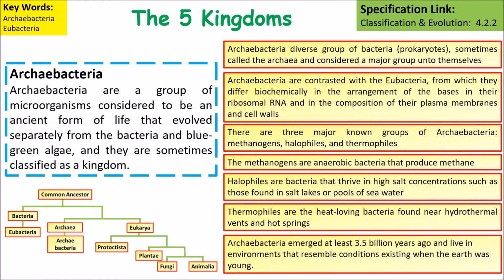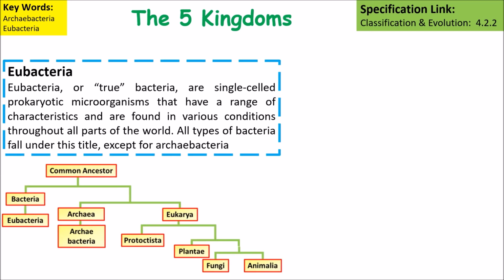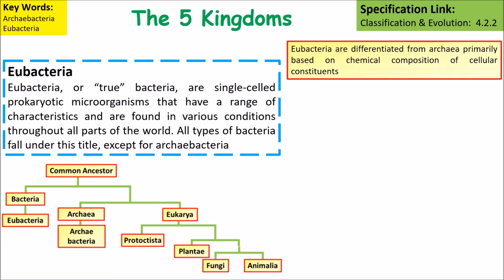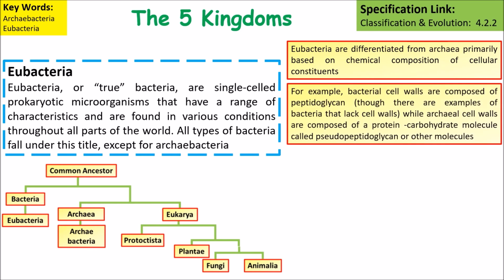Archaeobacteria emerged at least 3.5 billion years ago and live in environments that resemble conditions existing when the Earth was a lot younger than it is now. Eubacteria are considered true bacteria. They are differentiated from archaeobacteria primarily based on the chemical composition of their cellular constituents. For example, bacterial cell walls are composed of peptidoglycan, whereas archaea walls are composed of a protein carbohydrate molecule.